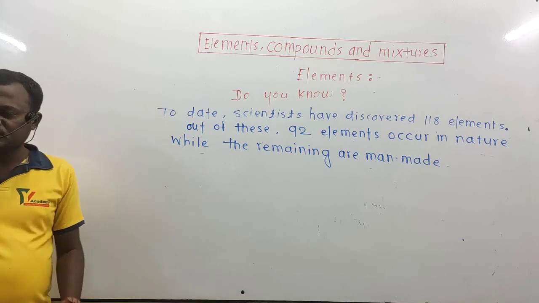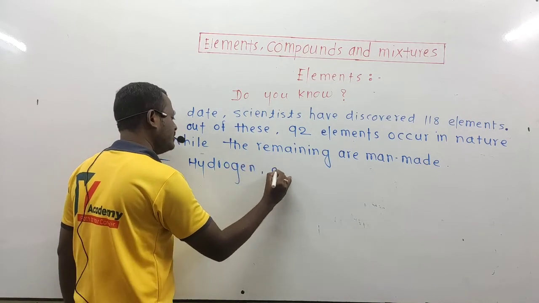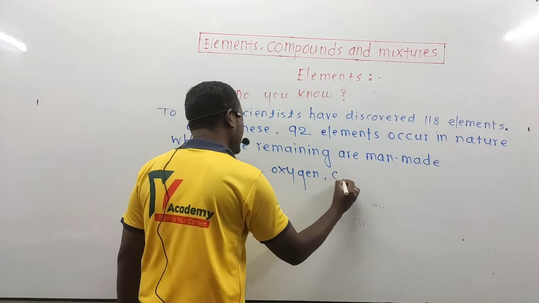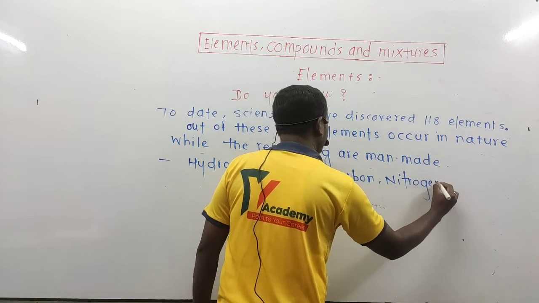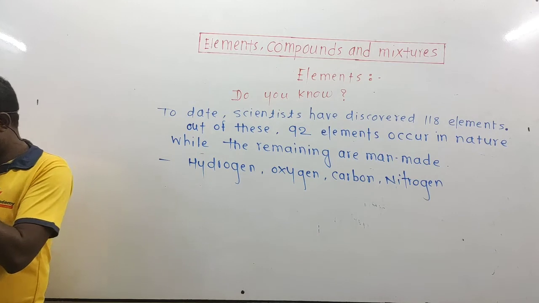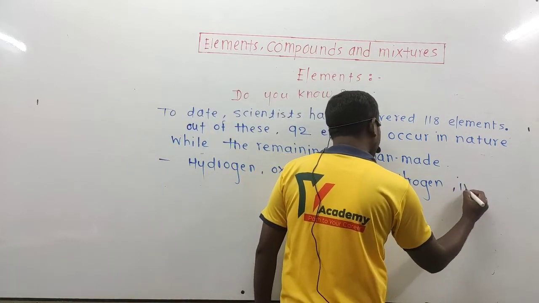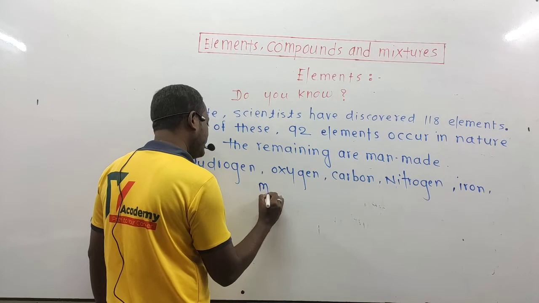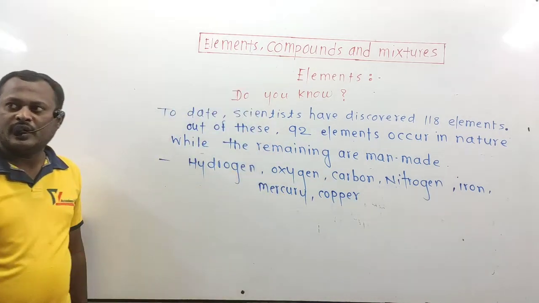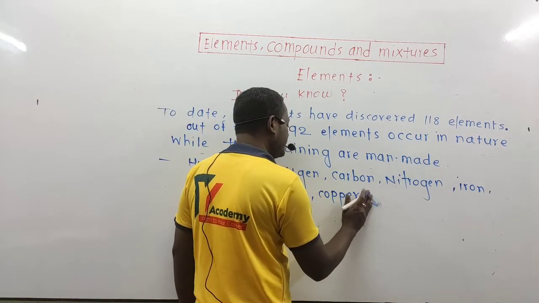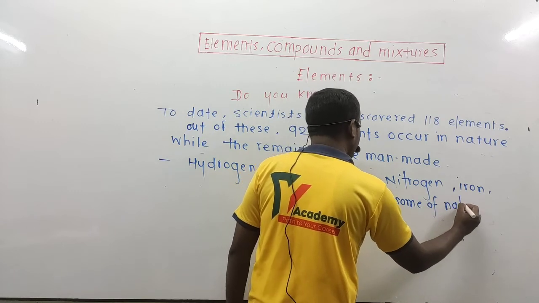Hydrogen, oxygen, nitrogen, carbon, iron, mercury, copper are some of the natural elements.